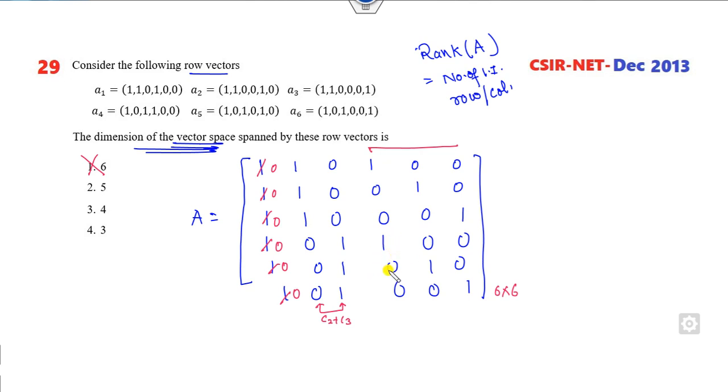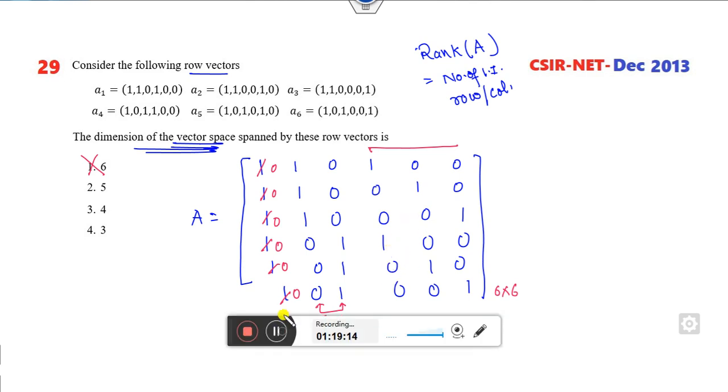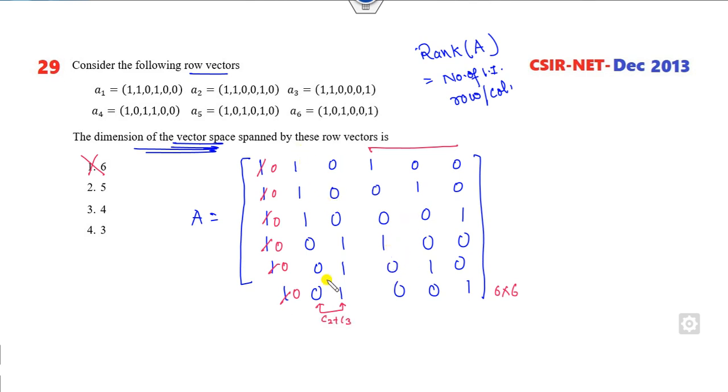Is it possible I can make these values 0, or any other way you can think about that? If I take this value as a, then this will be 1, 1, 1. If I use this operation, now you can see if I add these columns C4, C5 plus C6 and subtract from this second column, what will happen? This value will again be 0.